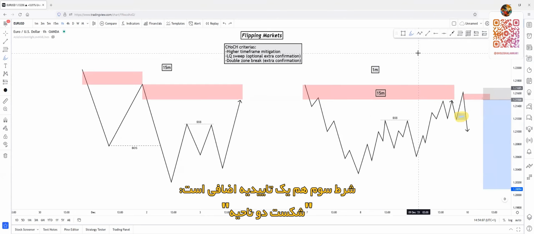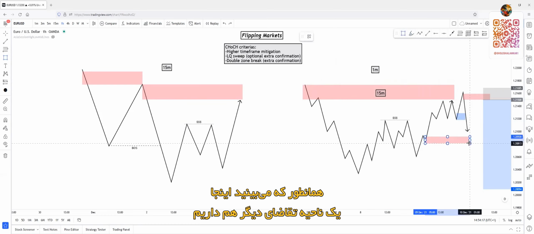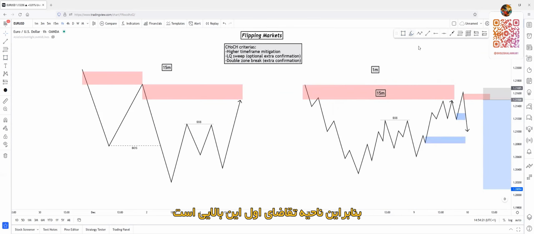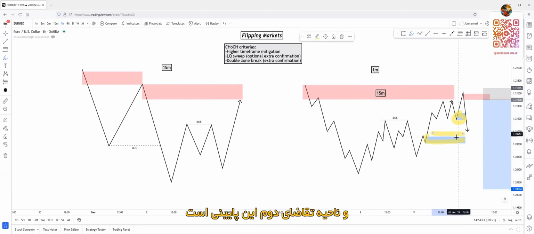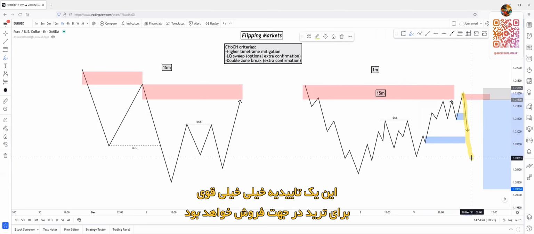And the third criteria, it's also an extra confirmation, the double zone break. If price breaks through a double demand or supply zone. As you can see, we have this demand zone here also. So this is the first demand zone up here. This is the second demand zone down here. If price breaks through this demand zone also, that will be a really, really strong and great confirmation for the short entries.